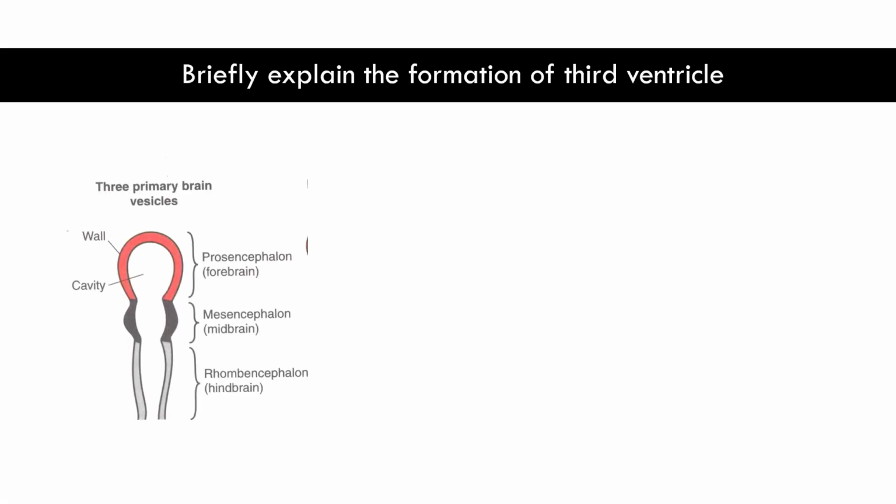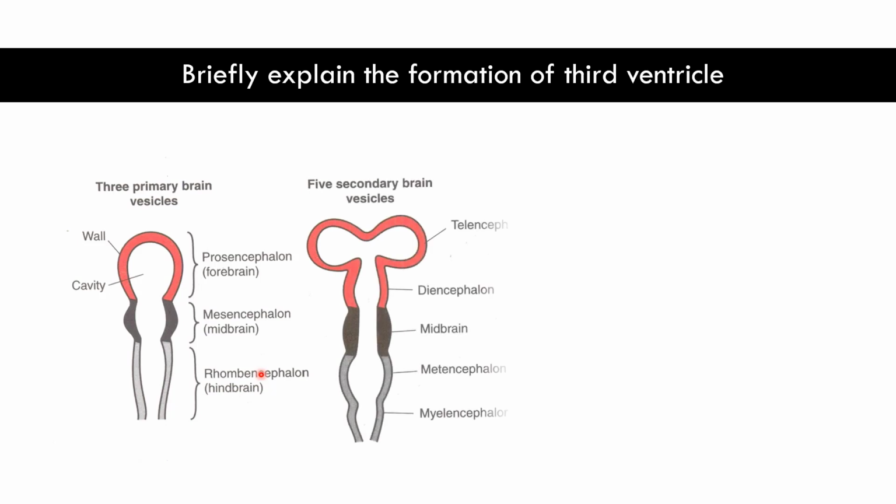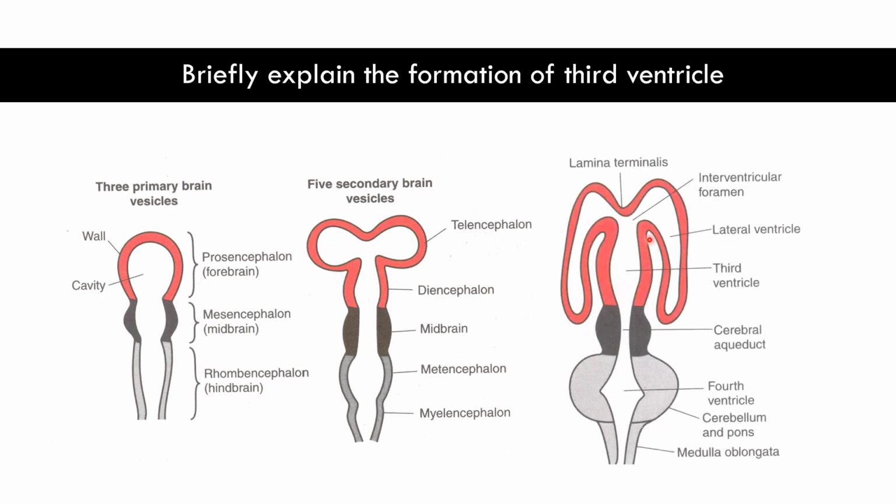This picture shows developmentally the swellings of the brain: forebrain, midbrain, and hindbrain. Extensively, the cavity transforms in the forebrain into two lateral ventricles and one third ventricle. Lateral ventricles are extensively developing on either side of the diencephalon.